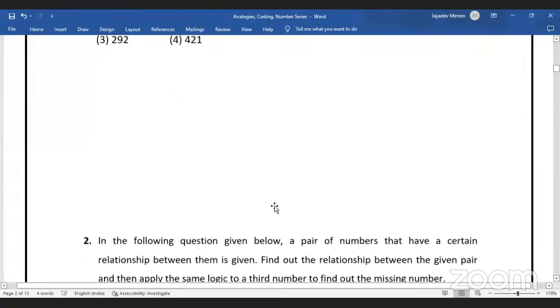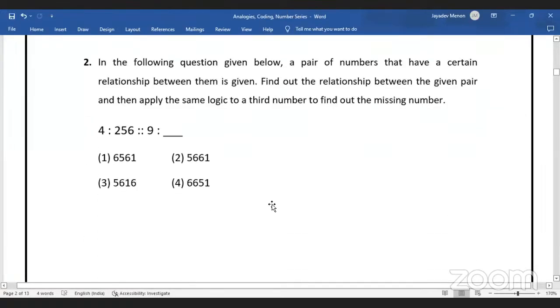Now second question. Here the given pair is 4 and 256. Very good, Kavya, Anna, 6,561 is correct.